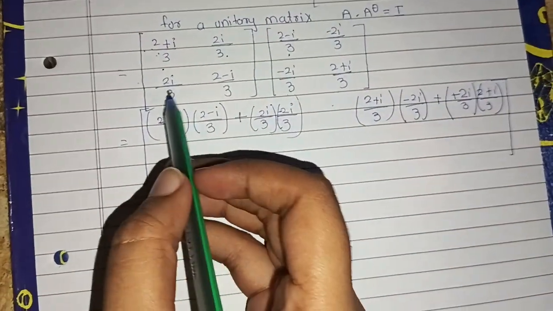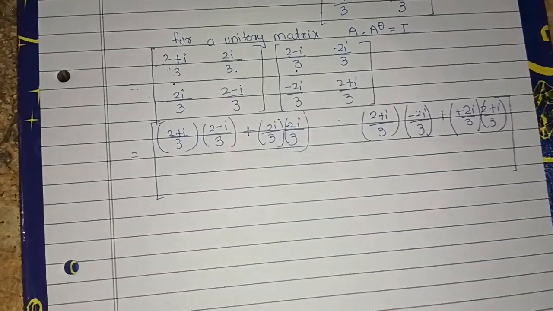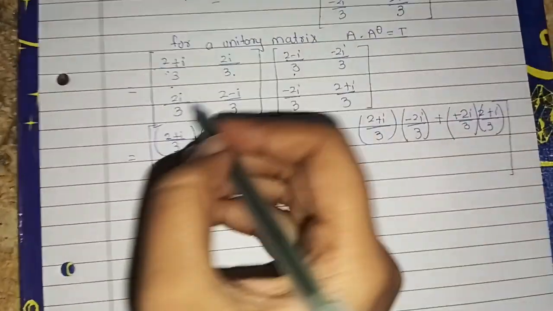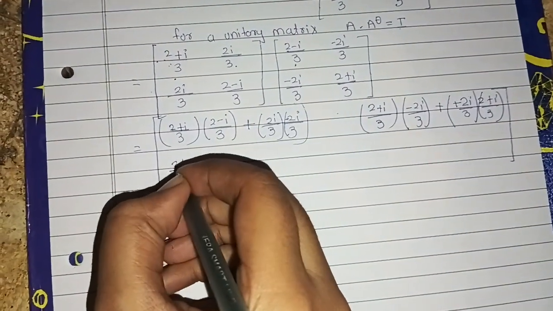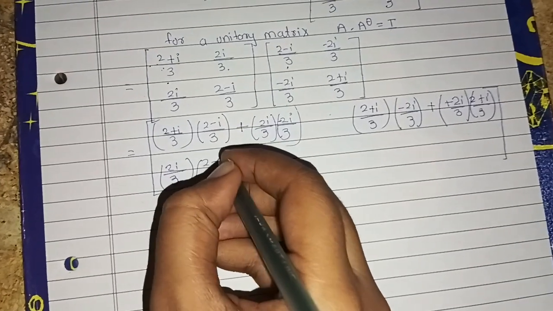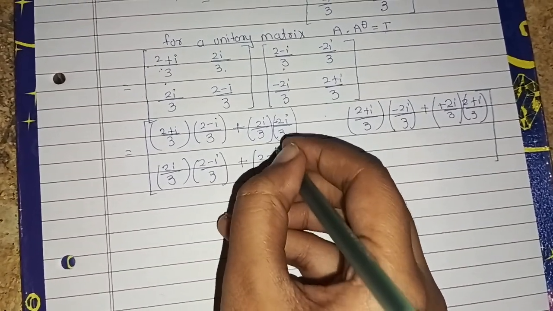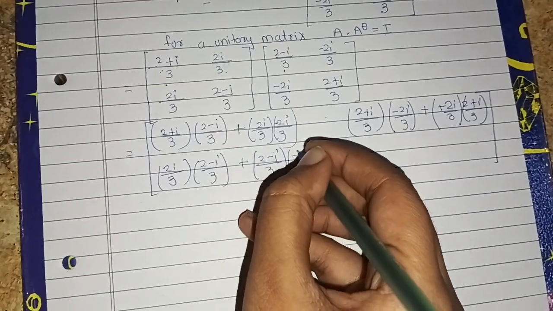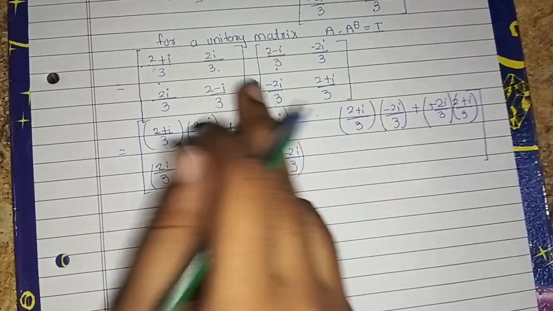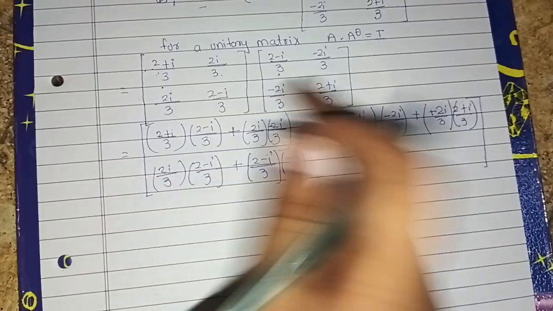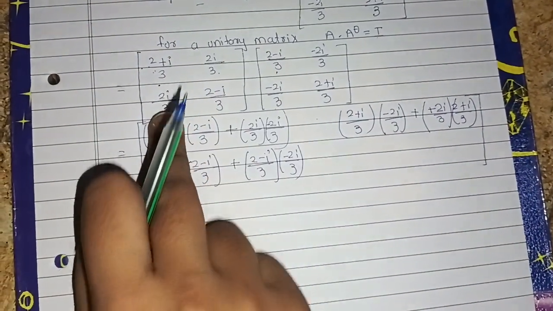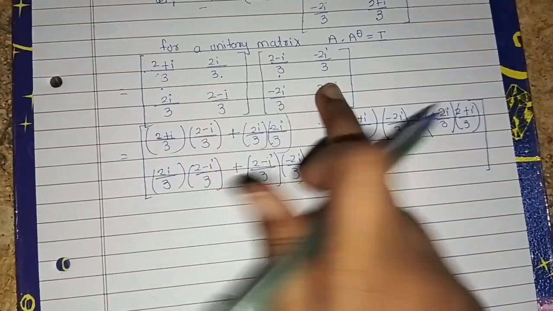Now what you have to do, multiply this second row to the first column. Okay, so you have to do the same. So 2i by 3 into 2 minus i by 3 plus 2 minus i by 3 into minus 2i by 3. Okay, what I am doing here, multiply this with this plus this with this. Now doing the same, multiply this with this, then plus this into this.